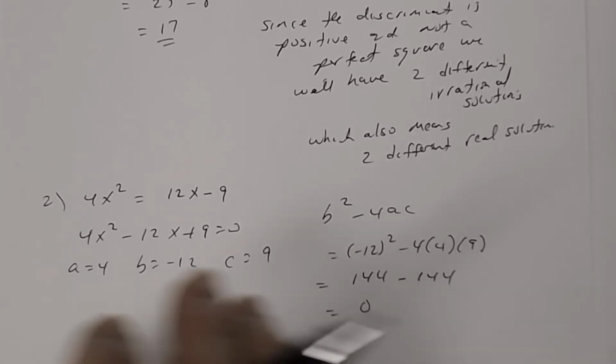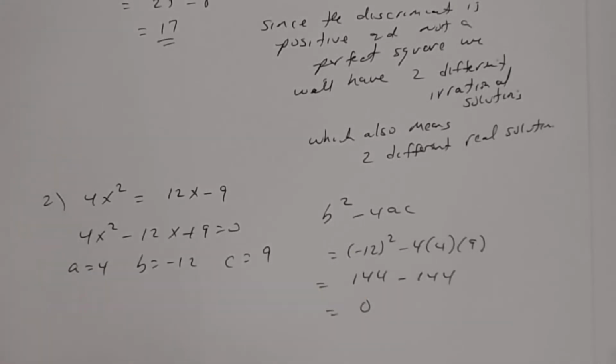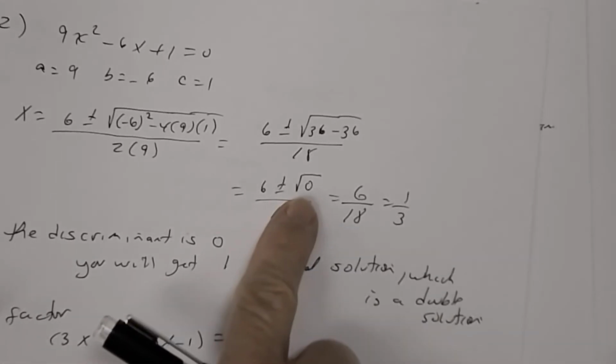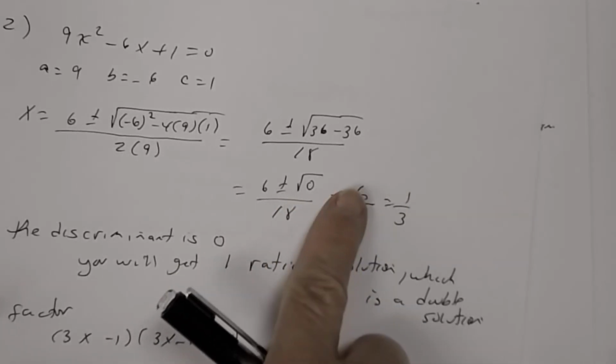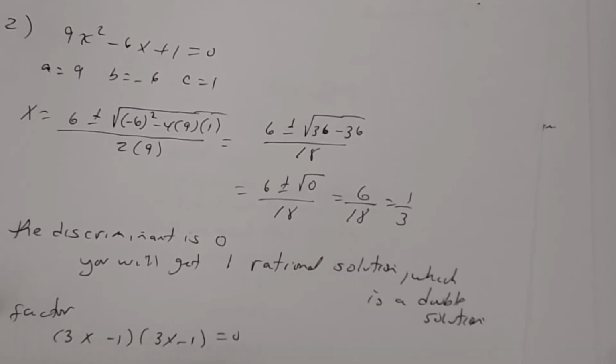So if the square root goes away, remember what happens. See how the square root of 0 is 0? You ended up with how many solutions? One rational solution.